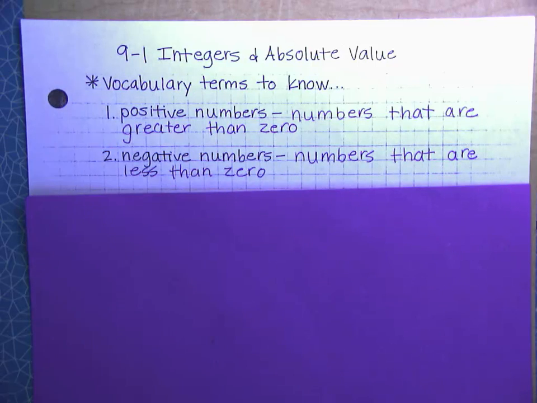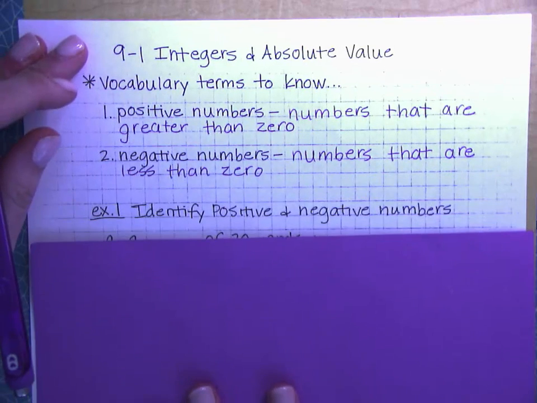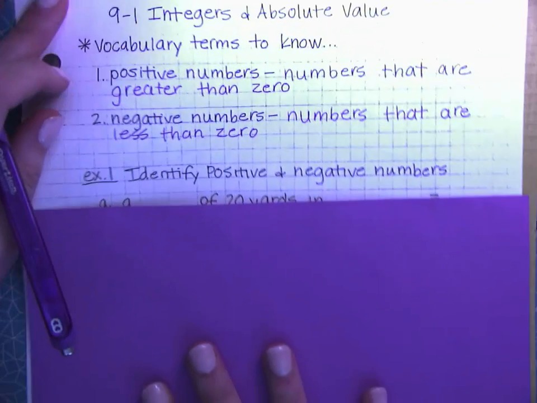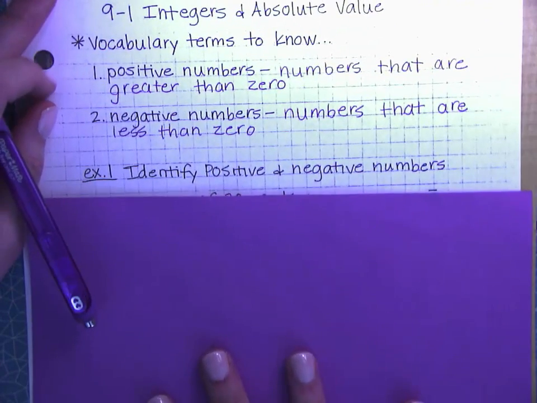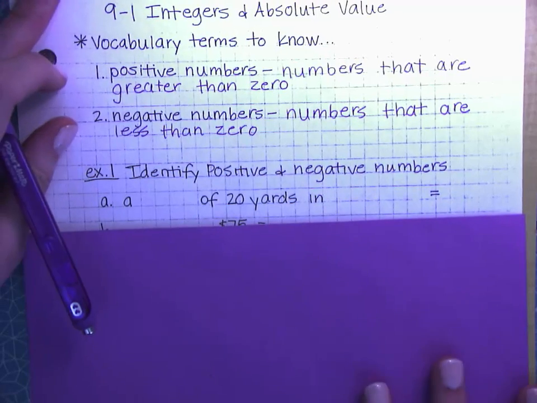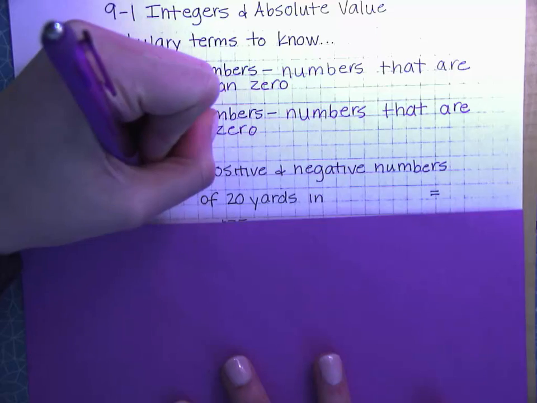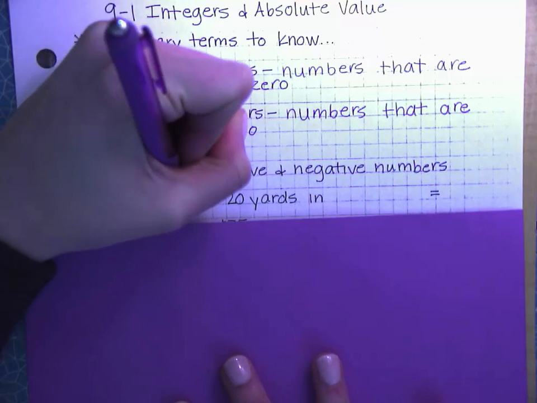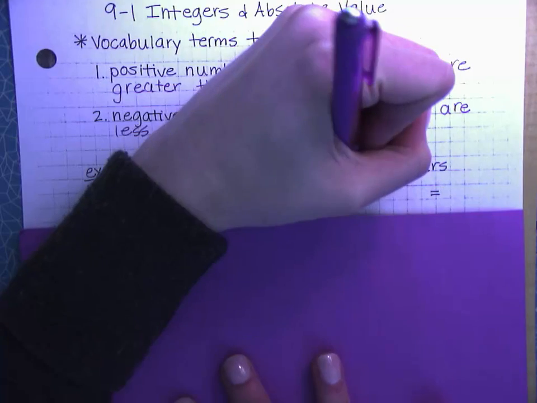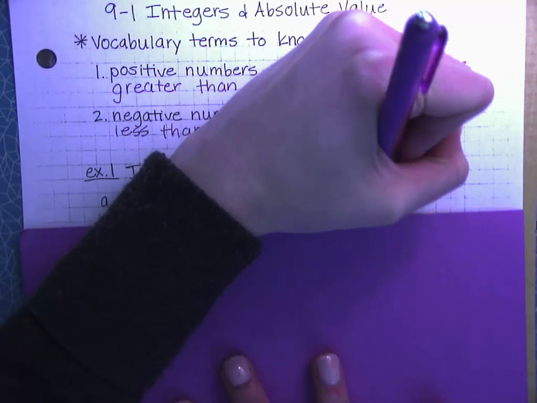So let's look at some examples of how we see positive and negative numbers in the real world. We're going to look at a few examples. The first one, a gain of 20 yards in football.